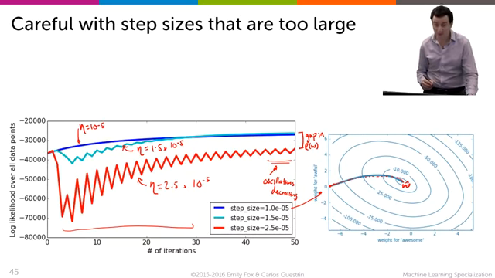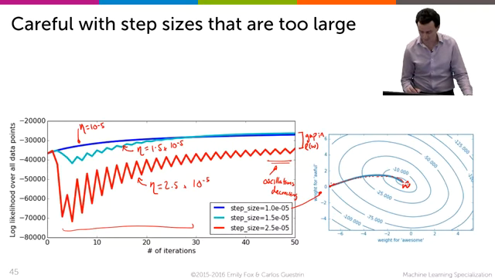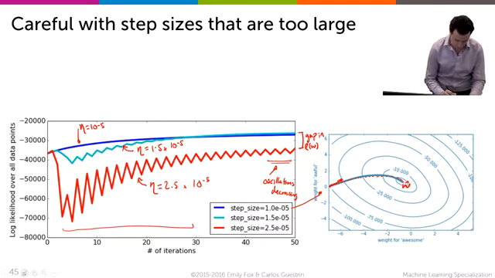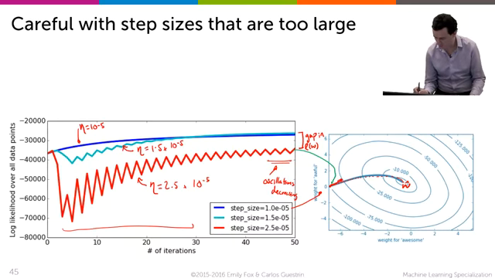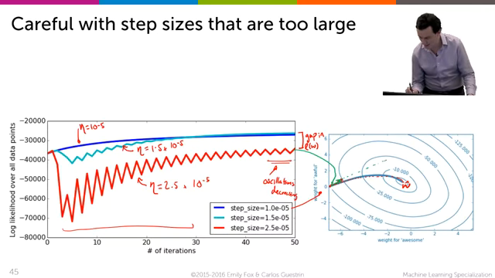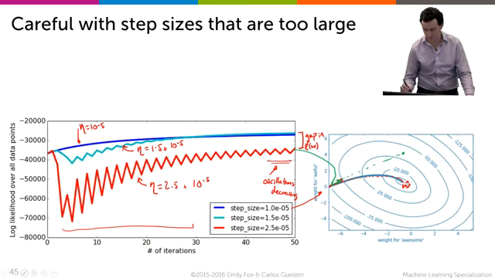If you pick a step size that is too big, I look at a gradient here and it's looking pretty good, a direction in the beginning. So let me change colors just to make it super obvious. I'm going to use green to denote this step size, which is too big. So I start here, I find a gradient direction, but I take a step that's too big. Boom! I went somewhere really far away over here.